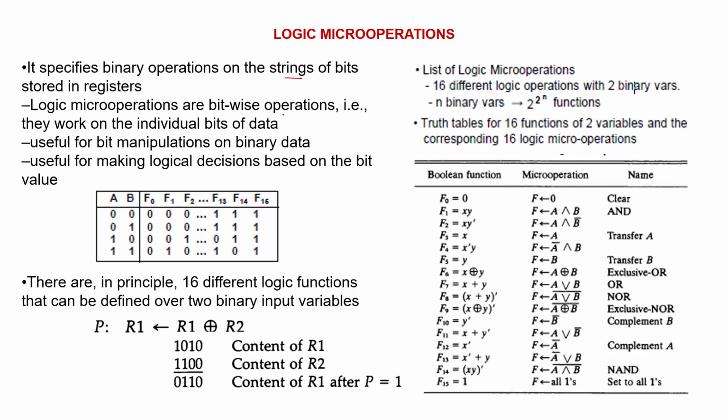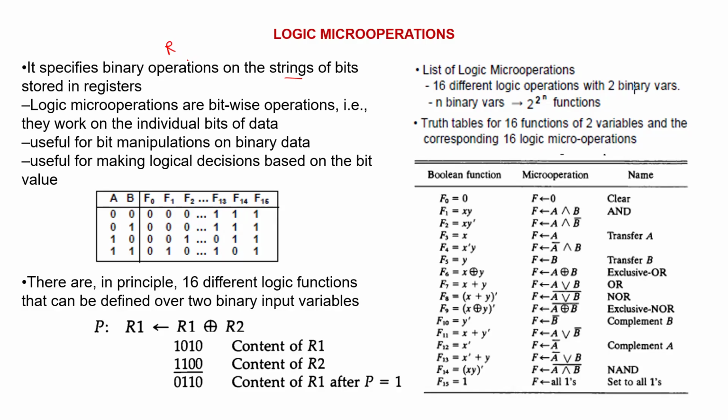So where are this string of bits stored? In the registers. Whenever the processor is going to work, it takes the help of registers. Those registers we are going to represent by the capital letter R followed by decimal numbers. R1, R2, R3, like this we are able to write.